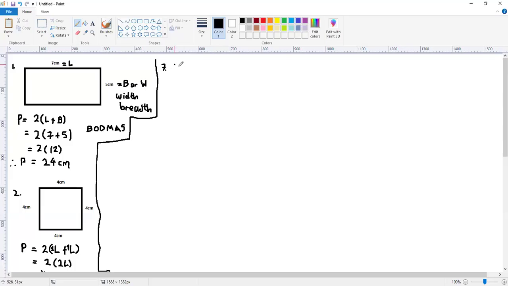The formula for a cuboid is given by V equals length times breadth times height. Okay, does this formula look familiar? Have you seen it before? A little, right?